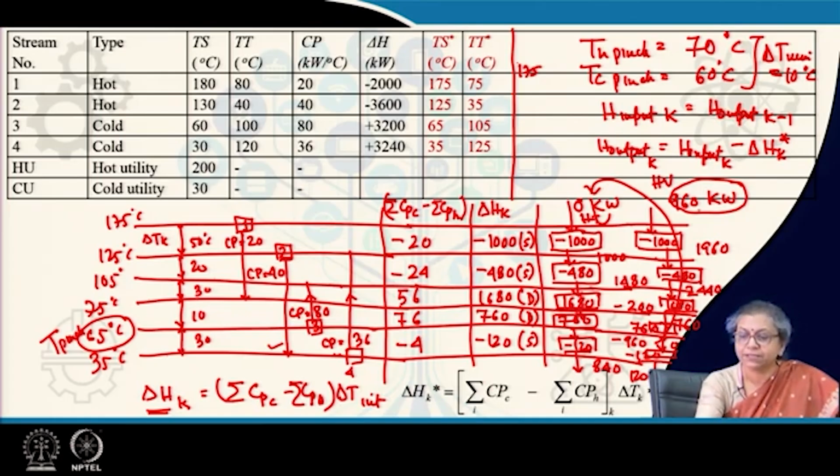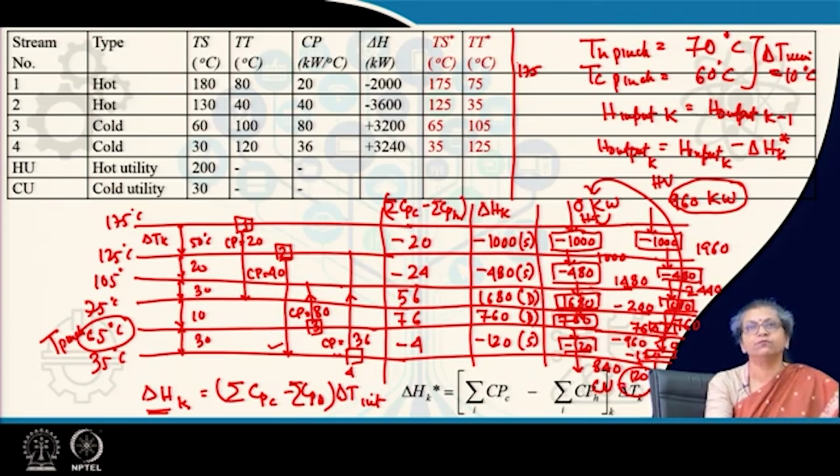Because if this is the minimum amount of heat that I can add and ensure a feasible cascade, the heat which is flowing down from each cascade is compensating the deficit heat in each cascade, and so the heat flow occurs from the higher temperature to the lower temperature, compensating the heat deficit at each and every point. And corresponding to this hot utility, what is the minimum cold utility that I have to give?